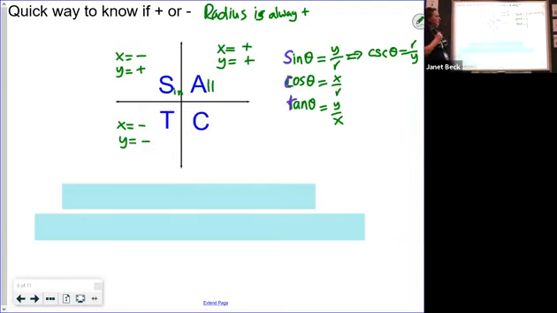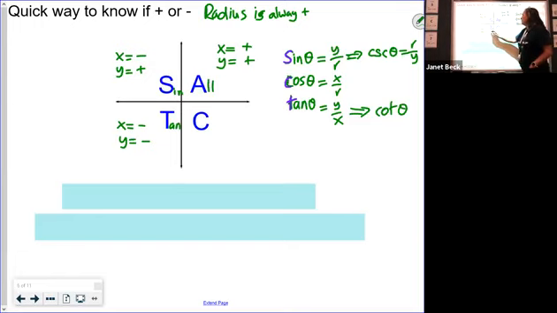Tangents would be positive because you've got a negative divided by a negative. And its reciprocal, cotangent, would also be positive in quadrant 3. So this is telling us tangents are positive and cotangents. This was telling us sine is positive and cosecants.